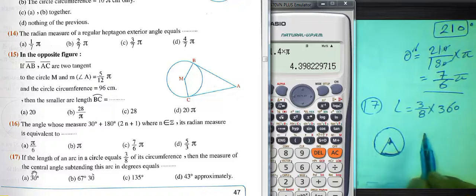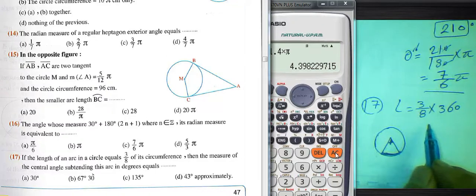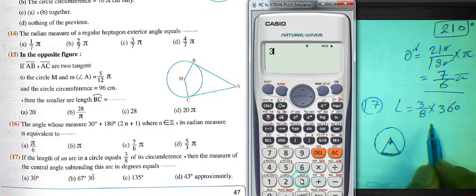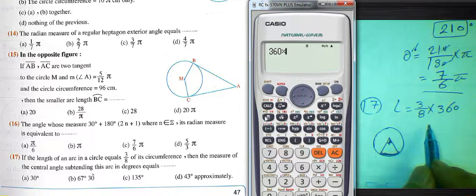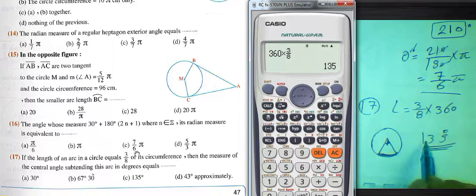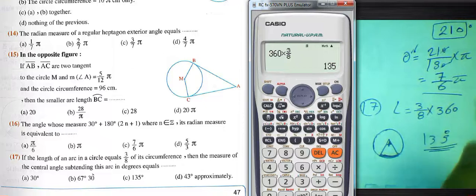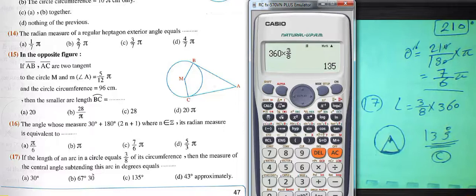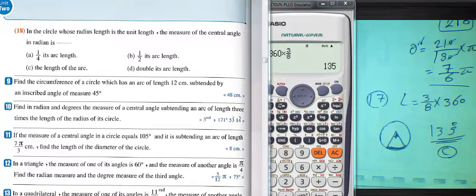You can use the calculator: 360 multiplied by 3 over 8 equals 135 degrees. It's important. You must know this information. You will choose letter C.